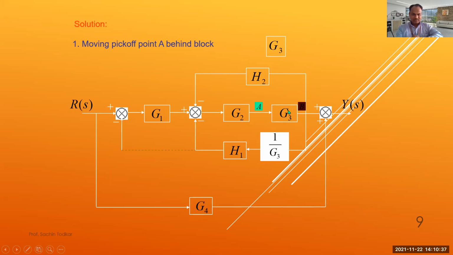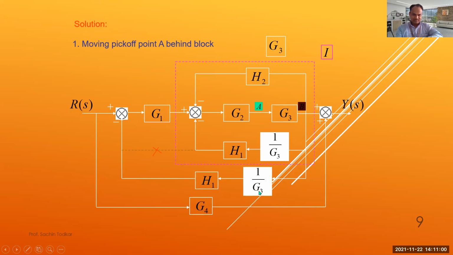This is a feed forward function, and this feedback function will be simplified easily. Again, we have disconnected this line and taken here H1 times 1 divided by G3.